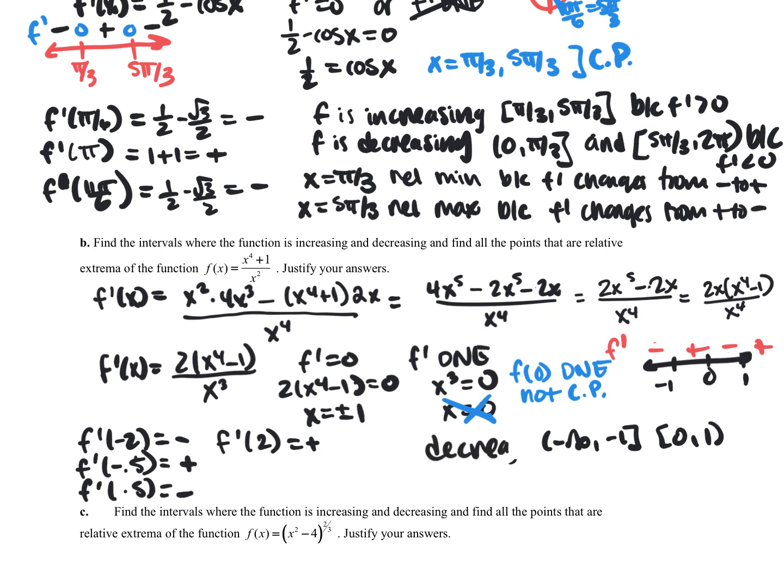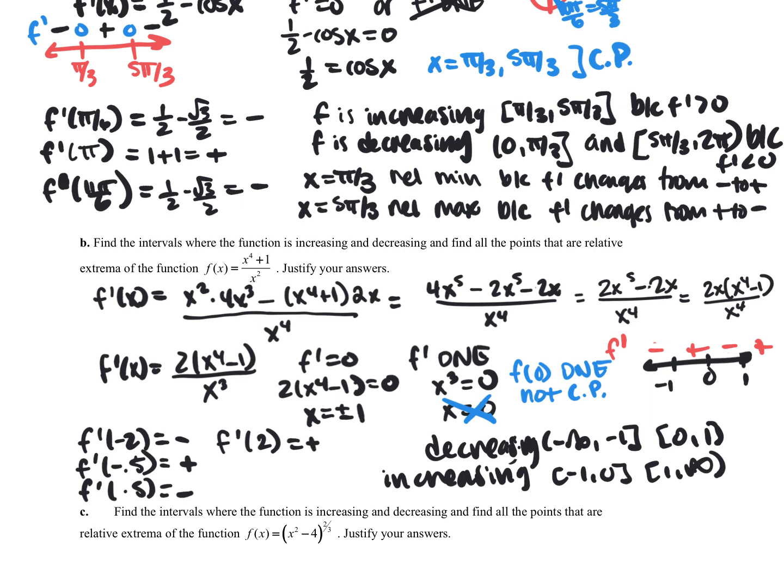Decreasing on those. Increasing from -1 to 0 and, sorry, 1 to infinity. Obviously, you'd have to finish with because f prime is negative, because f prime is positive.